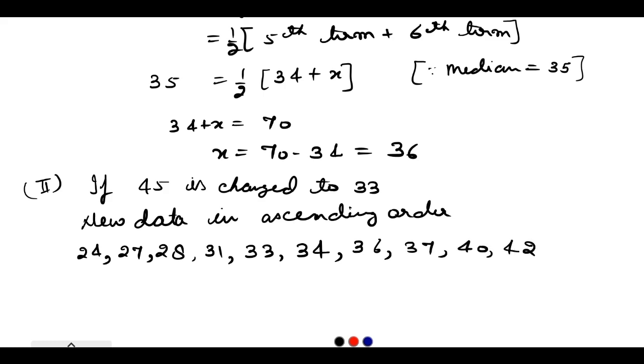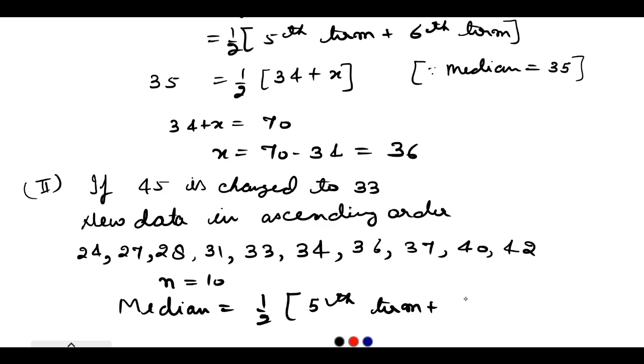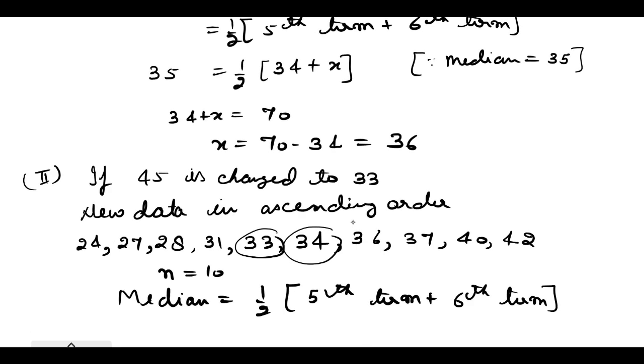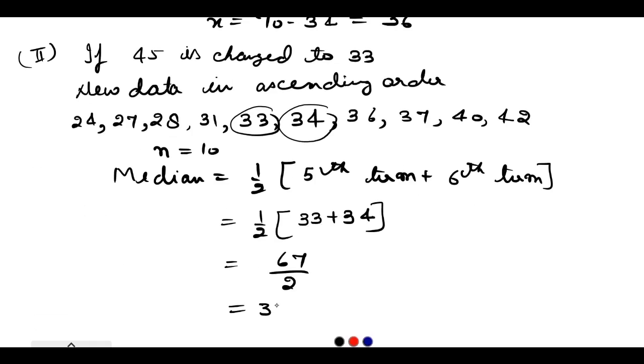Number of terms are now same, 10. It means median will be half of fifth term plus sixth term. But now fifth term is 33 and sixth term is 34. New median is 33.5.